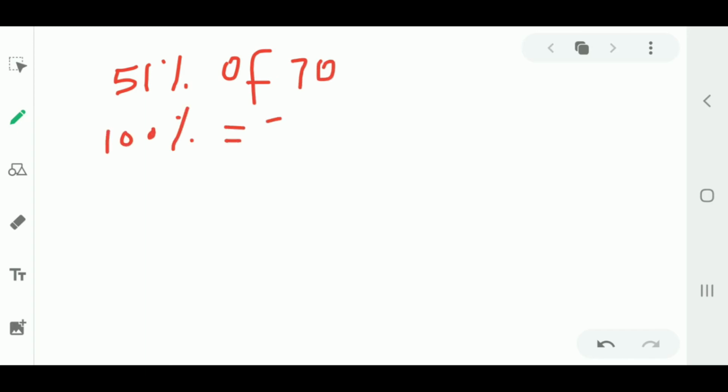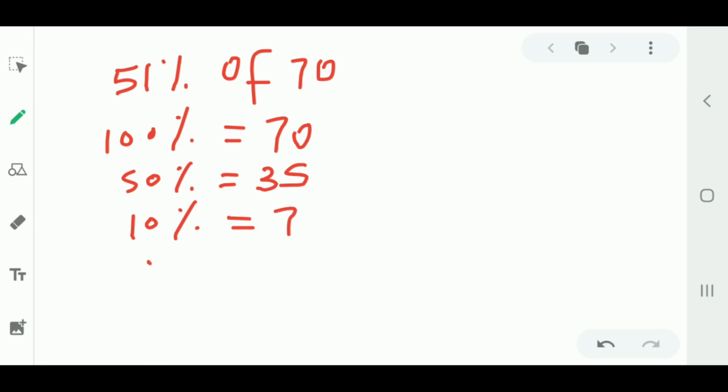Let's say you want to find 51% of 70. So 100% of 70 is 70. 50% of 70 is half of 70, which is 35. 10% of 70 is 7. 5% is 3.5, and 1% is 0.7.